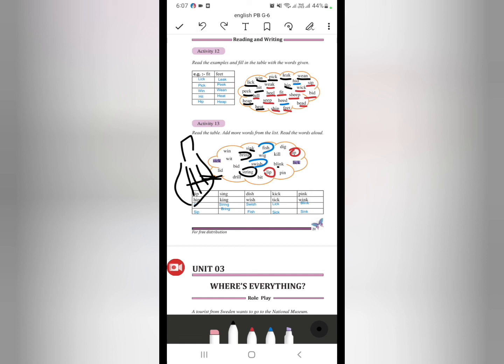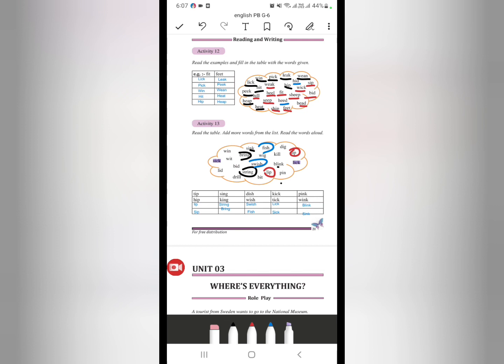That part of the guitar is the string. Bring means to carry something here. If you are bringing something, you use bring. Okay, and then we should go to the next grid.